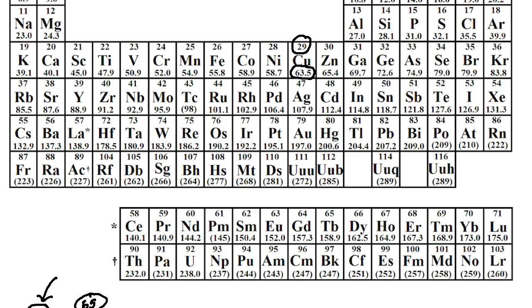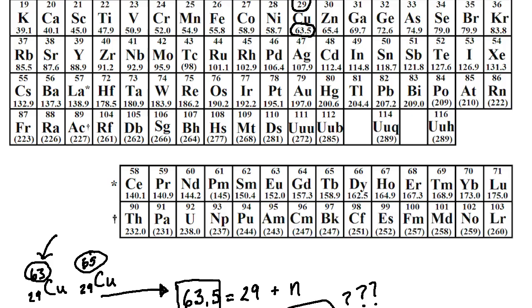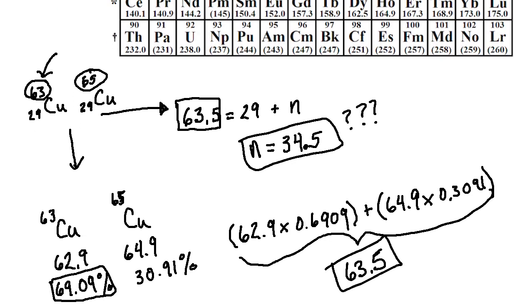So that's where that value is coming from. And we understand that it's not really half a neutron, it's the weighted masses that are coming together to give us an average mass in terms of the number of copper 63 we would find in nature and the copper 65 we would find in nature.